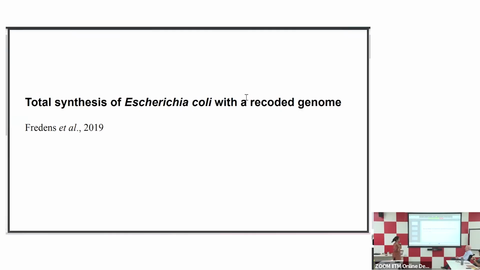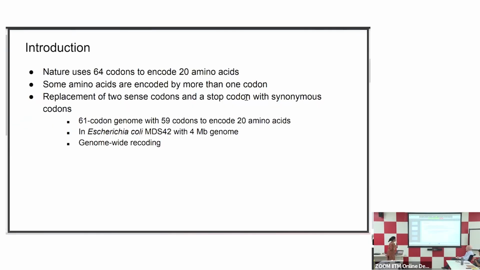I'll be presenting the work done in this paper called Total Synthesis of E. coli with a Recoded Genome. So we know that in nature, a genome has 64 codons which encode 20 amino acids, which means there is some redundancy.